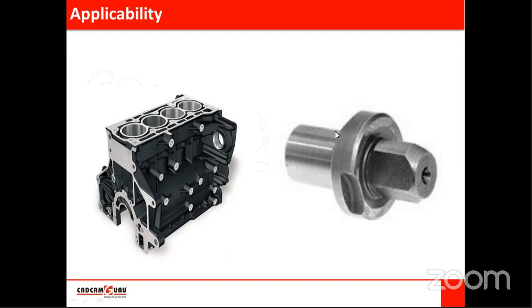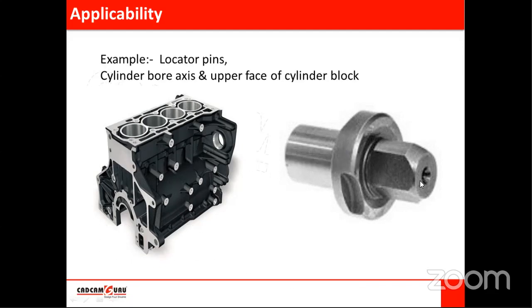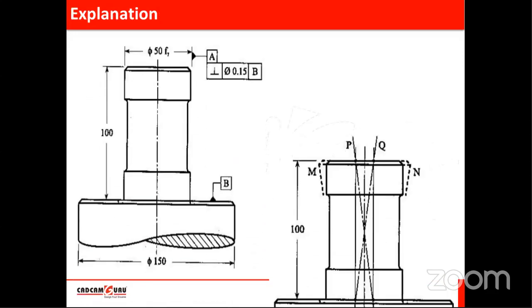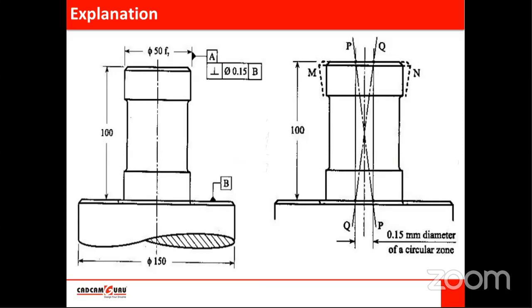To ensure that, it should be perpendicular to this surface. These are different examples: locator pins, and cylinder bore axis and upper face. So this is the explanation of perpendicularity or error in perpendicularity.